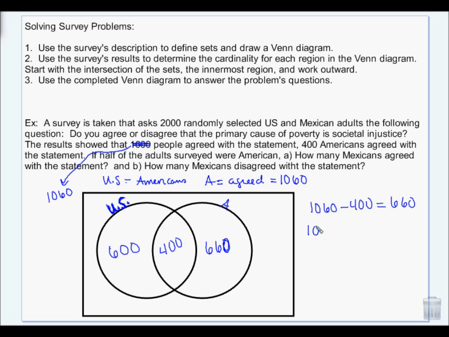So if I take that 1,000 Mexicans that were surveyed and subtract the 660 that agreed, that leaves me 340 that did not. So 340 didn't agree with it? Mm-hmm. So how many Mexicans agreed with this statement? Just the Mexicans, 660, and then 340 disagreed with the statement.